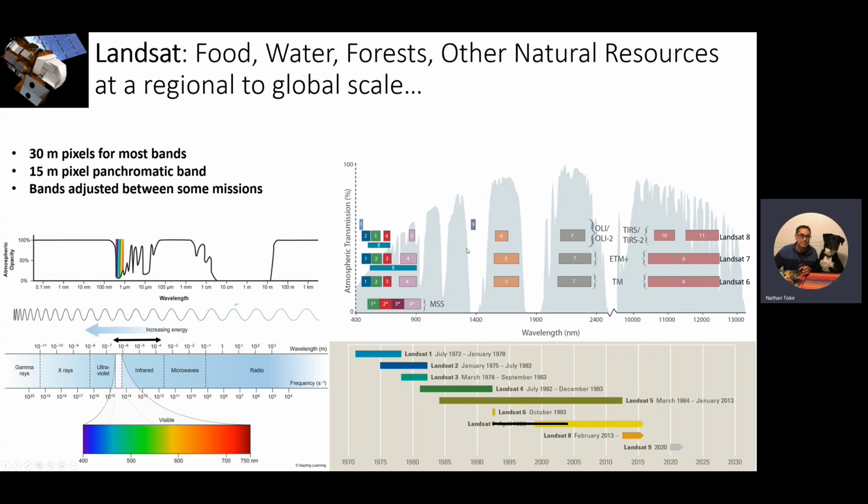And then that progresses more with Landsat 7 and Landsat 8, where they've fine-tuned the bands to look at different things and added in some other bands to look at atmospheric properties. So there's a history of things going on, and I believe Landsat 9 should be up and running, although I don't have that up here now.